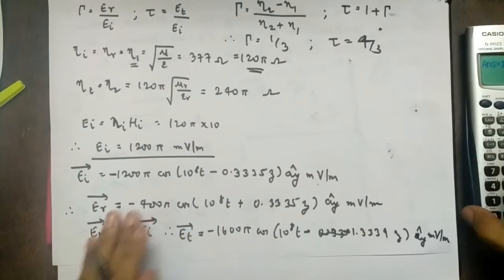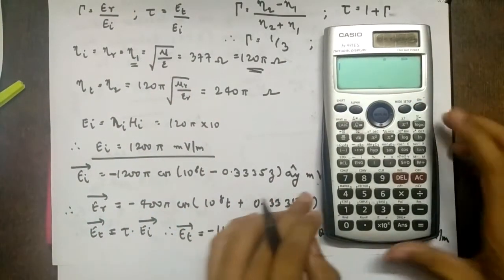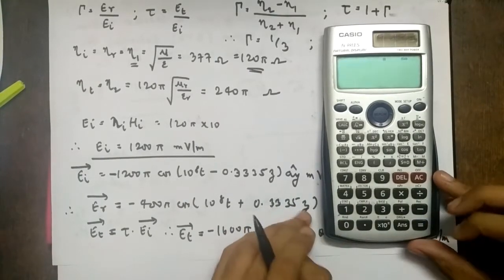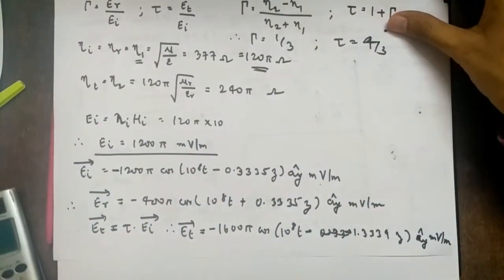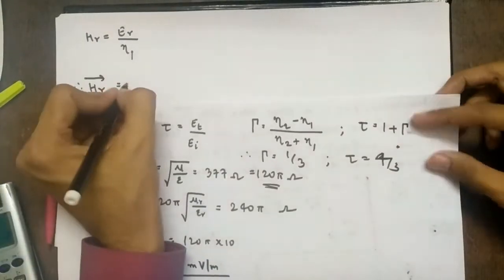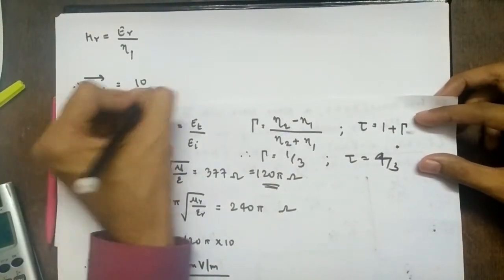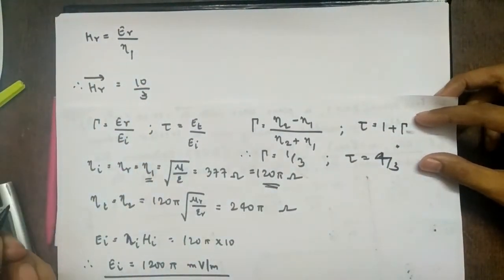So ER vector is here. So divide by 120 pi. So 400 pi divided by 120 pi, so 10 by 3. So HR vector is 10 by 3. Pi has got cancelled.